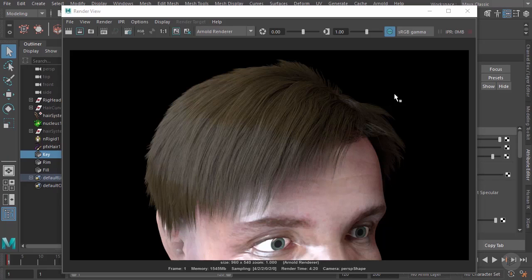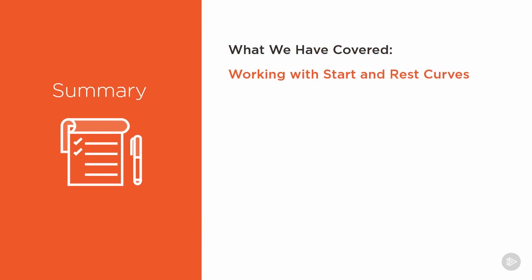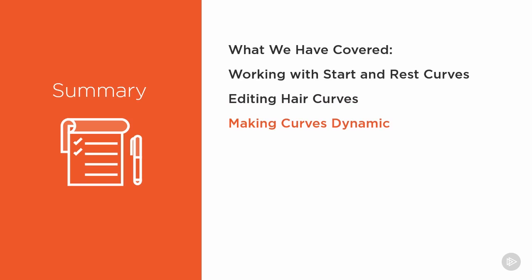However, for right now, let's do a quick recap of what we've covered in this module. We started by taking a look at working with our start and rest curves. After that, we went on to take a look at actually editing our hair curves and the multiple ways that we can do that. After that, we took a look at using the Make Curves Dynamic feature, and then we took a look at working with different types of hair displacements to add additional details to individual hairs.